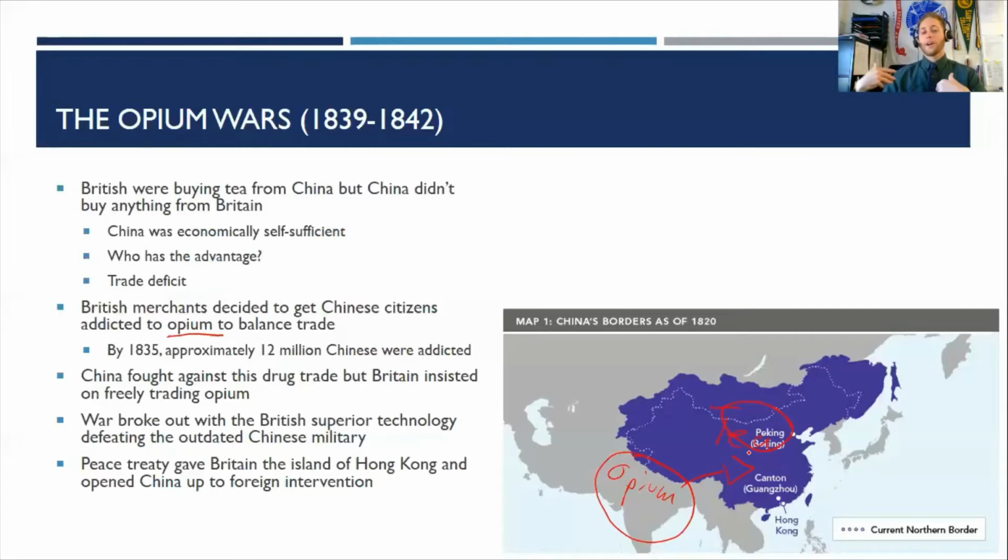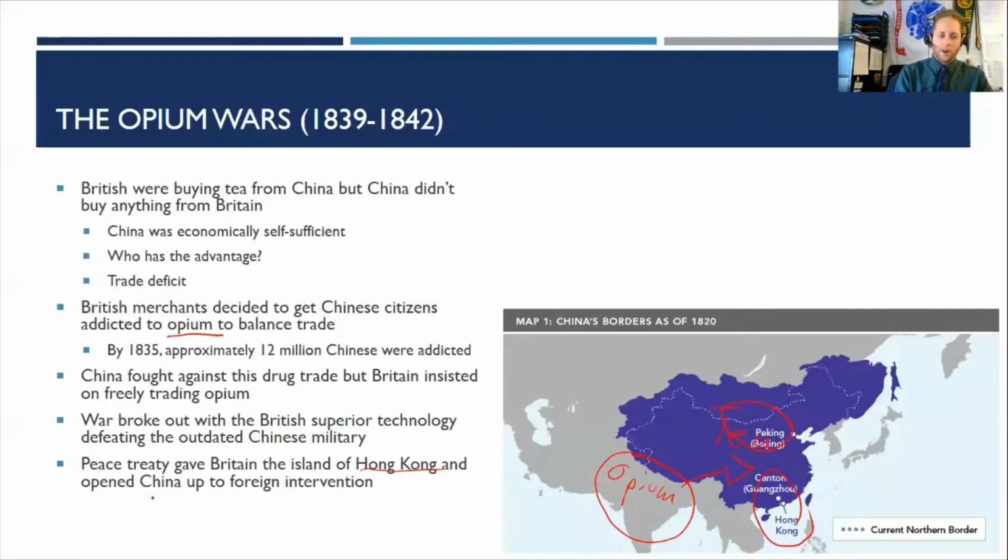And so throughout the war, you have British steamships, including an ironclad or two, going up and down the rivers, just destroying anything in their path. And the Chinese really don't have anything technologically to counter these ships. And in the end, the Chinese are forced to surrender, and they're going to give the British access to the island of Hong Kong so that they can have trade there in Hong Kong, which is down here by Canton.